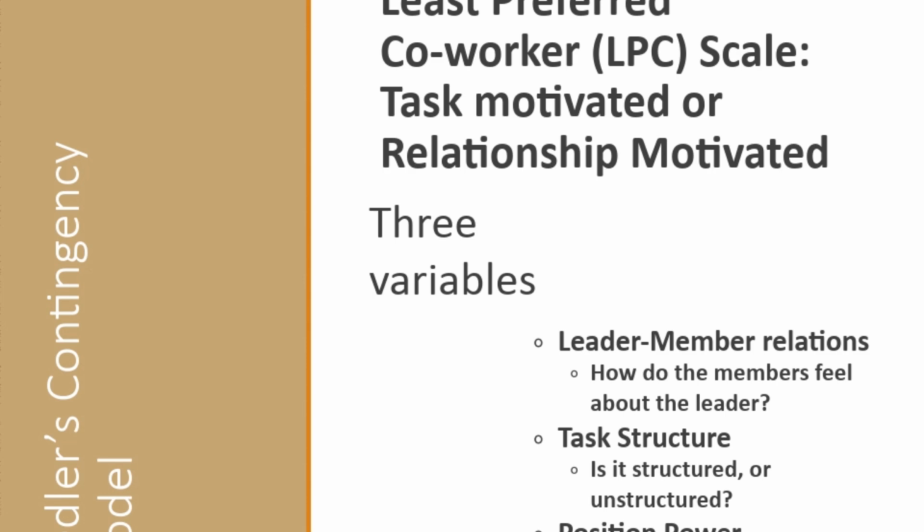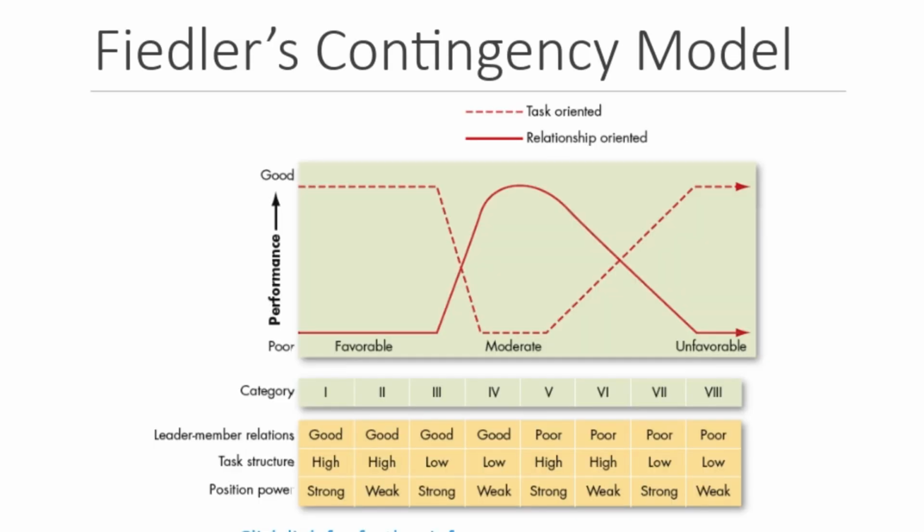Fiedler's contingency theory identifies three key variables that determine how favourable or unfavourable a leadership situation is: leader-member relations, task structure, and position power.